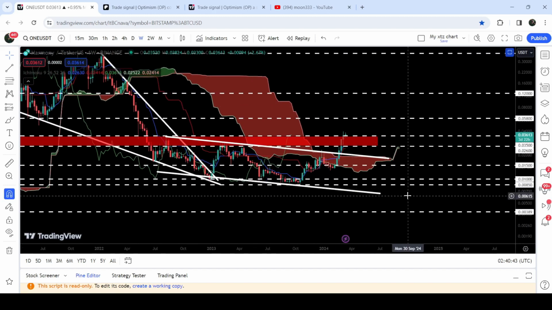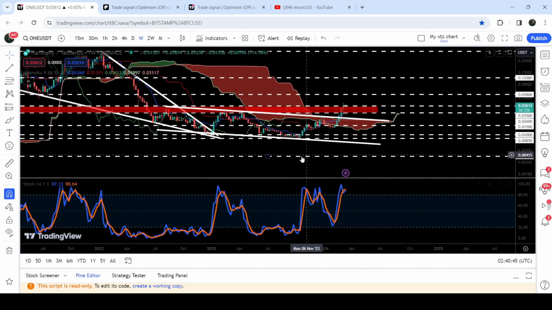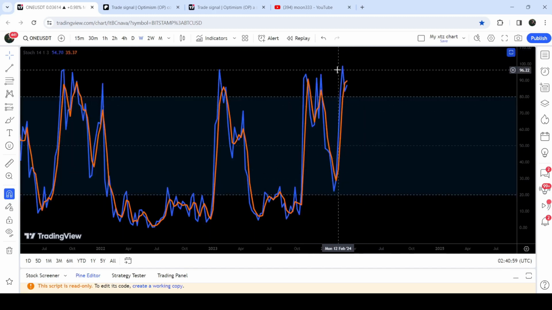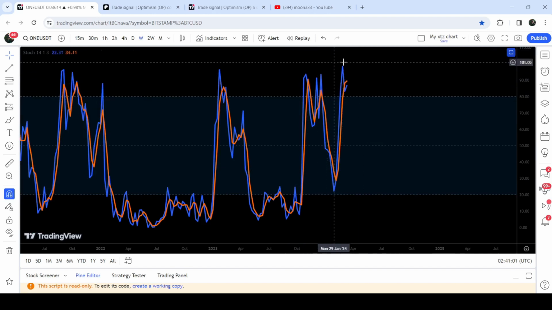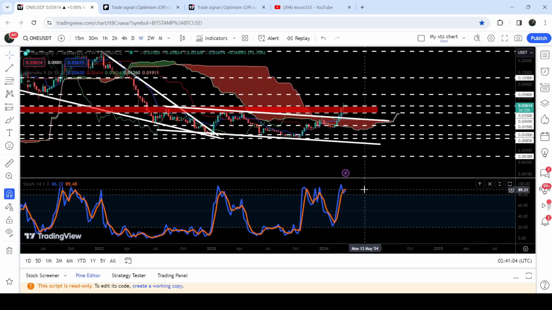There was also a bearish divergence that I was showing on this 7 days time frame chart. The stochastic oscillator was showing that bearish divergence because it was not able to form a higher high than the previous high, while the price line was forming a higher high. And now you can see that stochastic has also moved slightly up, and that bearish divergence is also removed.